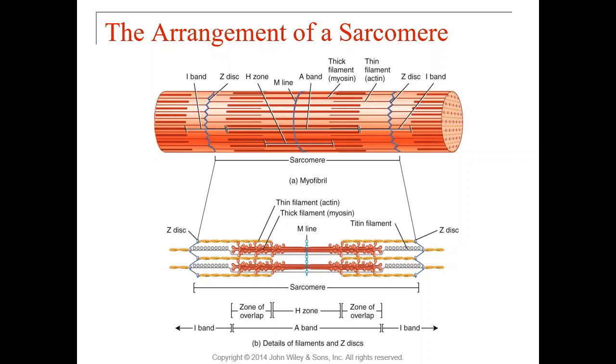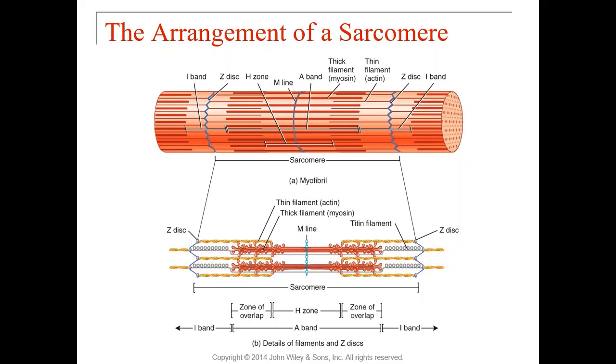But it really forms the boundaries to your sarcomere. So we say a sarcomere stretches from Z-disc to Z-disc. It will start at one Z-disc and end at another Z-disc. But that's not really their job. That's just what they happen to do. They happen to be the boundaries.